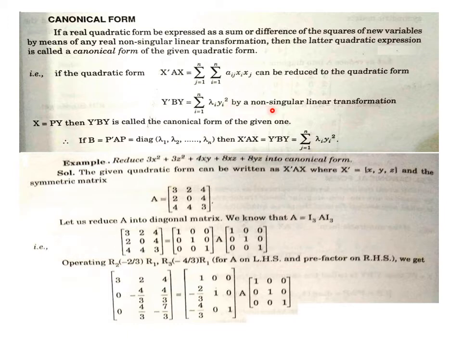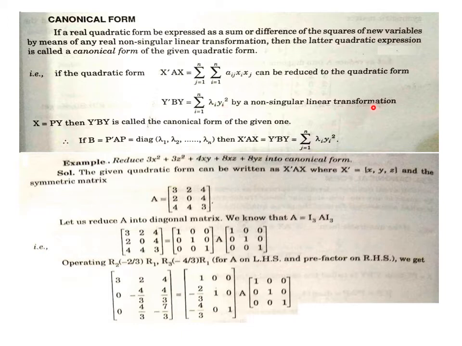We have to do it by a non-singular linear transformation, and in that case that y dash By, that particular matricial form, is called the canonical form because it is a sum or difference of squares.